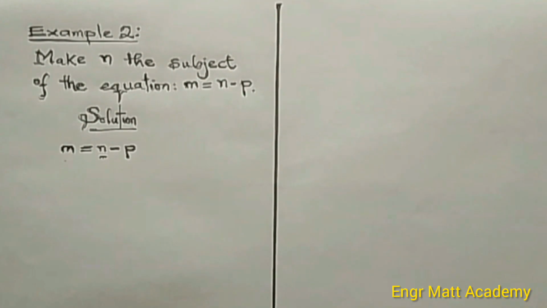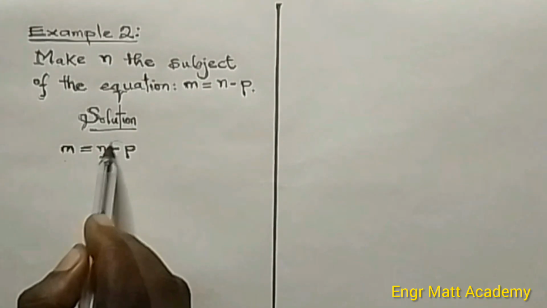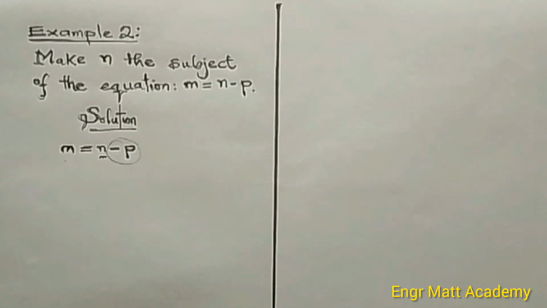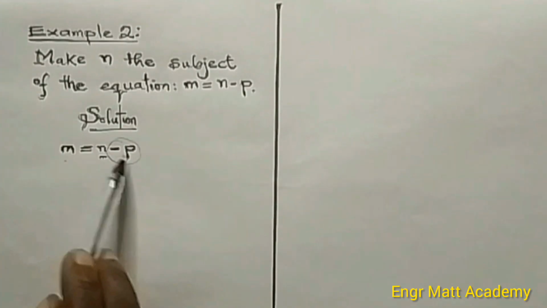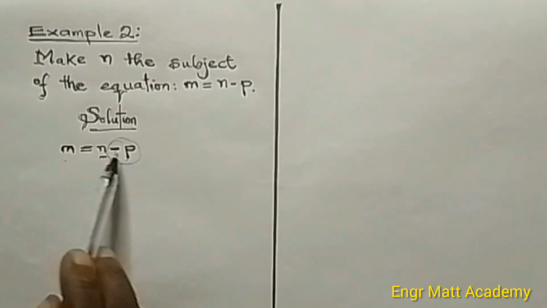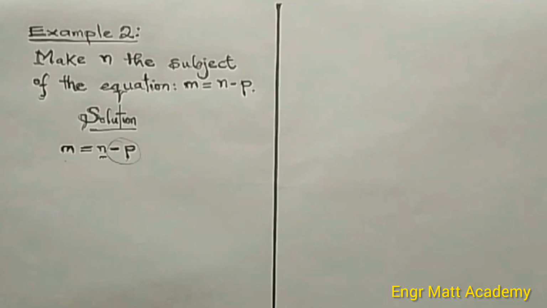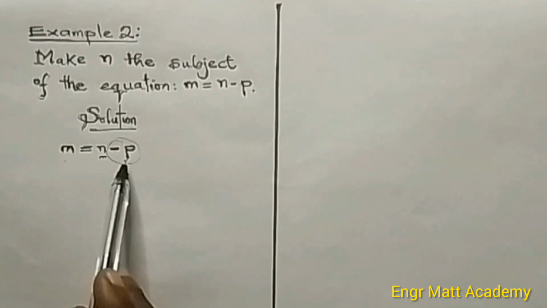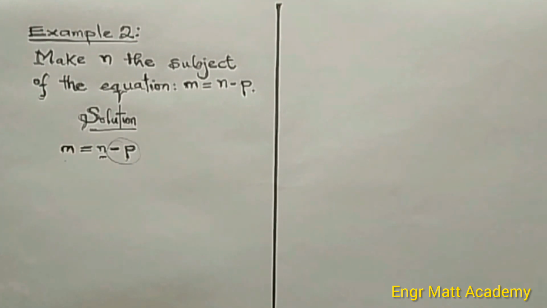P is being subtracted from N. Since P is being subtracted from N, we are going to reverse the operation. And to reverse it, we are going to add P to both sides of the equation. So we say add P to both sides.